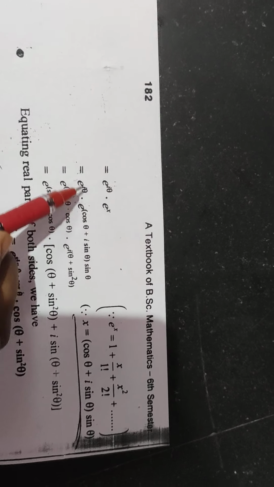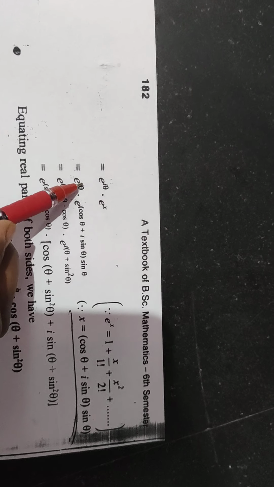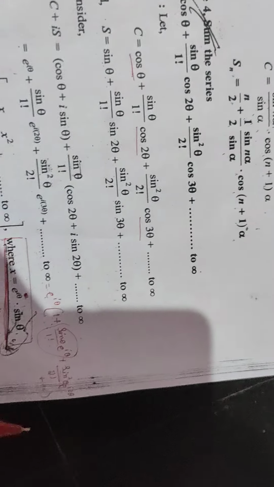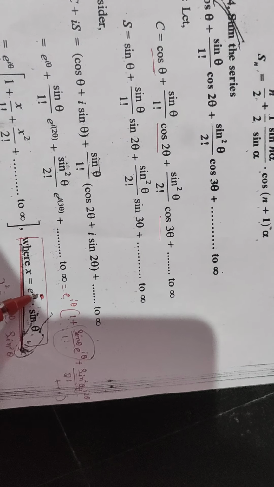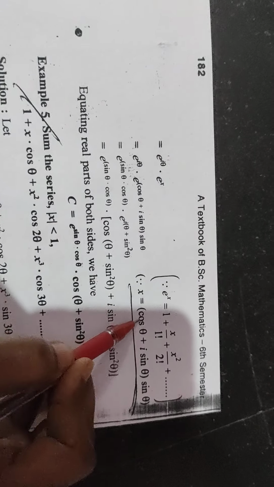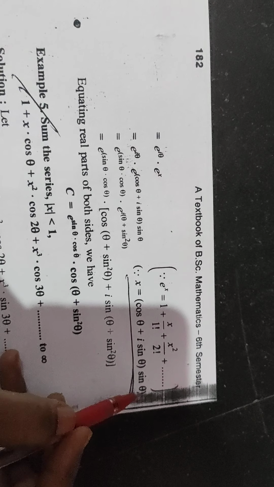So this value is equal to e power i theta into e power x, where x is e power i theta into sin theta. e power i theta can be written as cos theta plus i sin theta into sin theta.